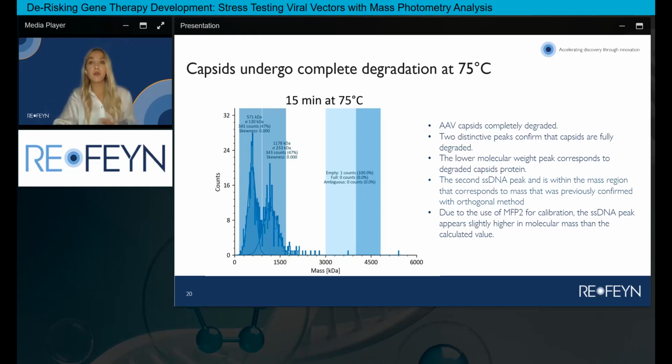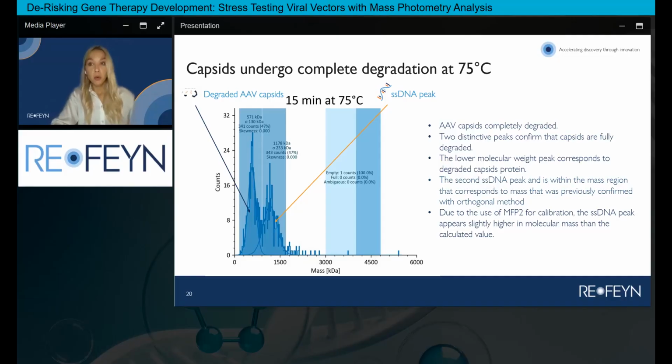And the benefit of using Mass Glass NA is that we are able to see our nucleic acids, our ssDNA peak, in the region that we expected, but also we are able to see our degraded AAV capsids within the mass region that we expected.